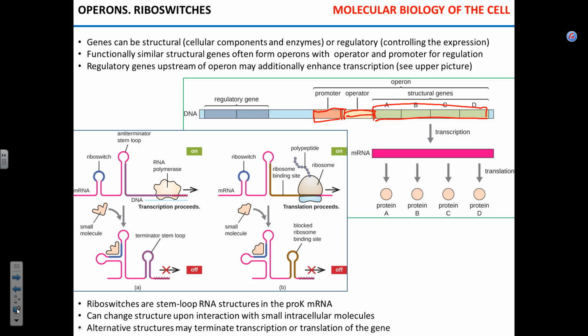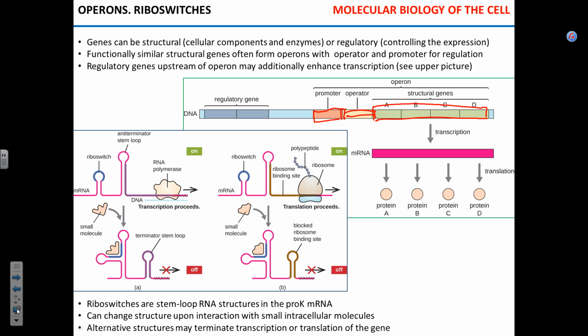Now, the role of the operator, I can compare to the situation when, imagine that you are RNA polymerase. You're like a runner at the start line. If there are no obstacles, no walls, you can run to the finish line. So you can do the transcription.